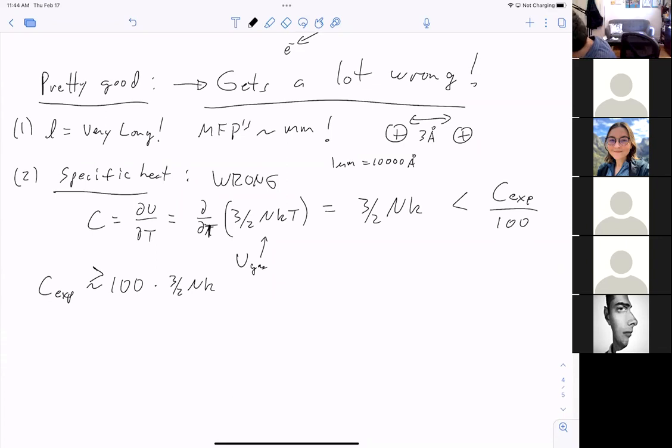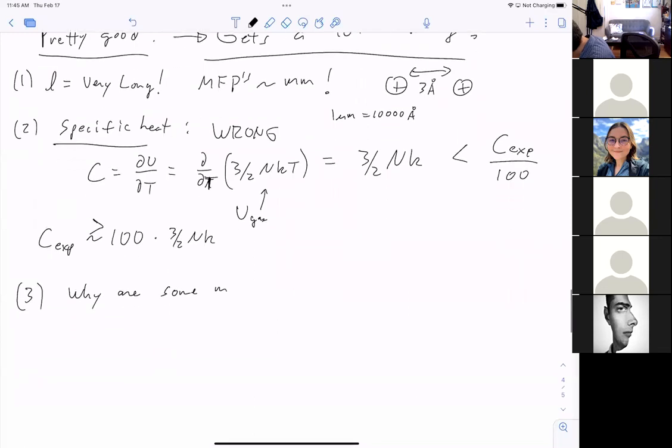And then another question is this question: why are some materials insulators and some are conductors? Some crystals are insulators and some are metals.